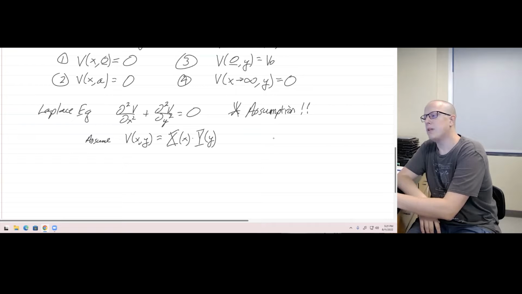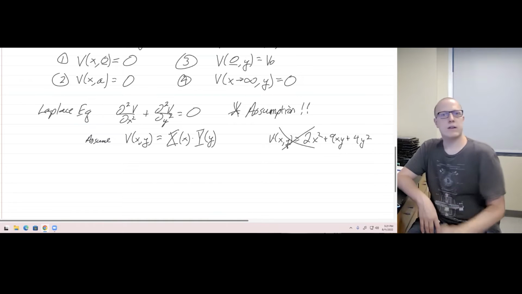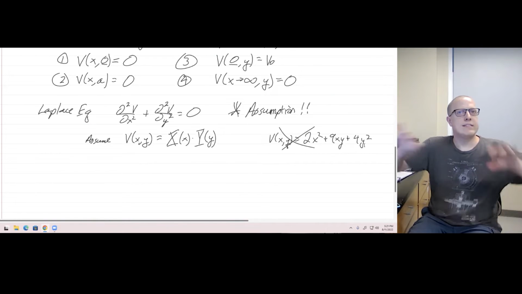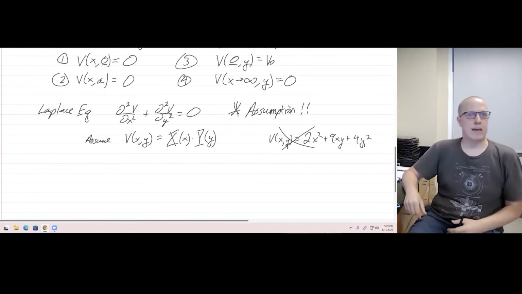So I'm assuming that this form works. For example, if I had v of x and y equal to something like 2x squared plus 9xy plus 4y squared, that would not work with this assumption, right? Because there's no way I could separate out all the x stuff on one side and all the y stuff on the other side.